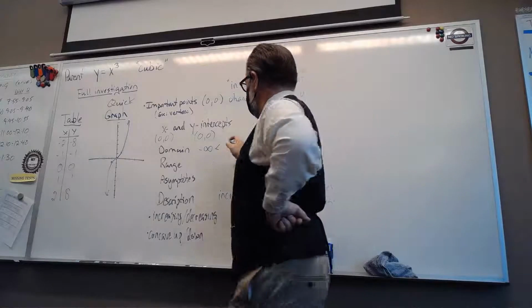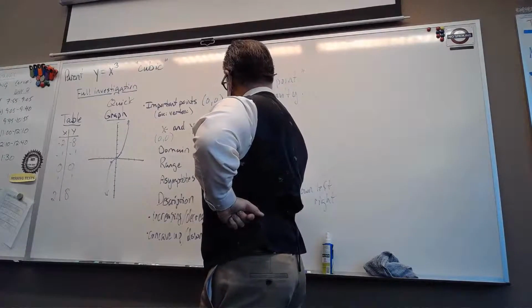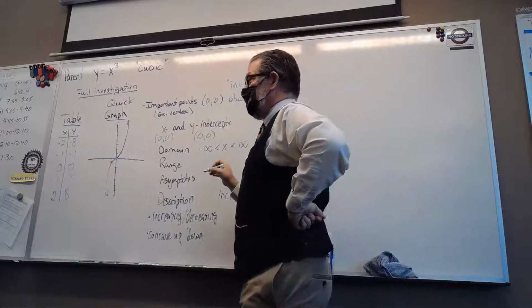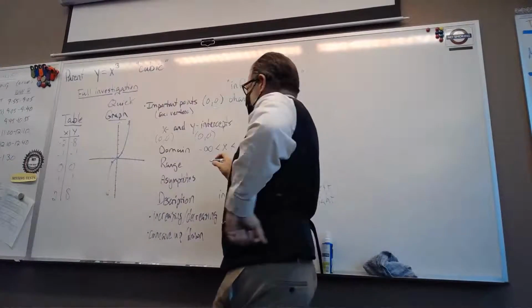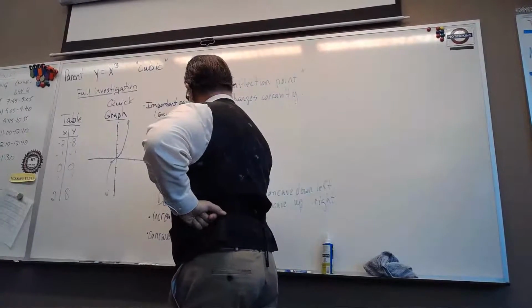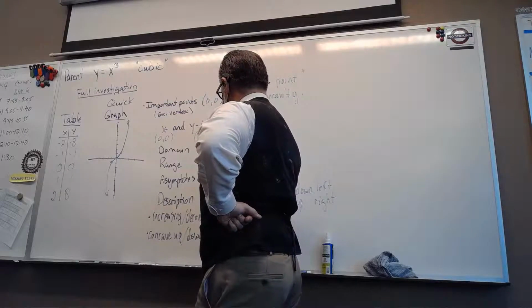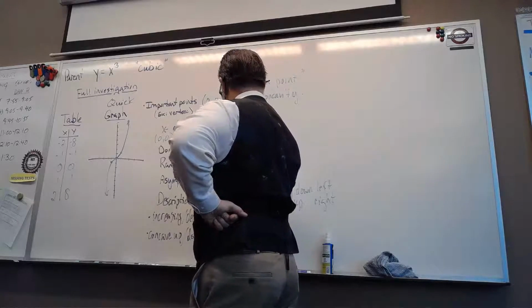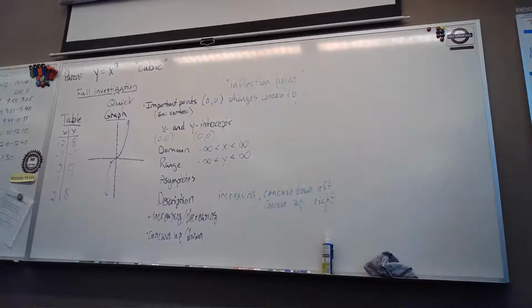Yeah, less than x, and then less than infinity. Cool. And the range? Pretty much the same thing, but for the y. So say it just for practice. Go. It's negative infinity, less than y, or actually no, it's less than infinity. I love it. Beautiful. Couldn't be better. Well done. Thank you. All right.